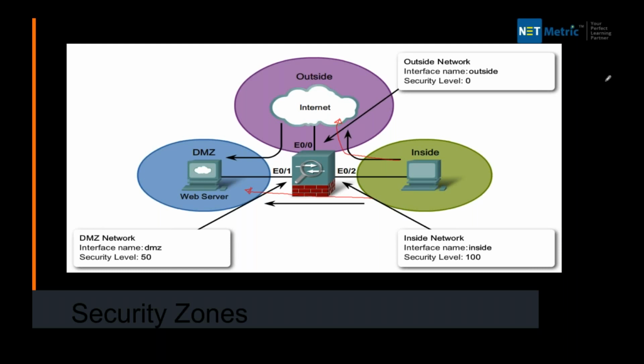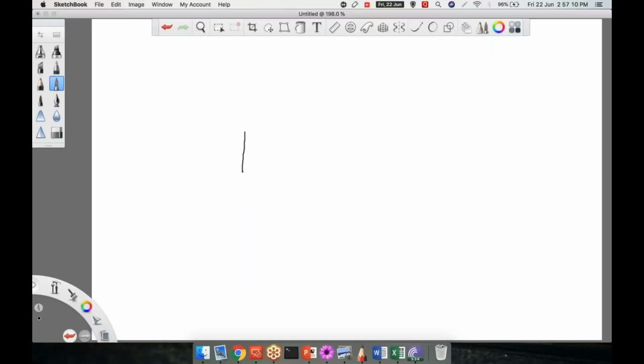Now over here the question comes. Let's say, for example, I have a firewall. There could be two different interfaces, let's say gig 0/1 as well as gig 0/2. They are both going to different subnets.